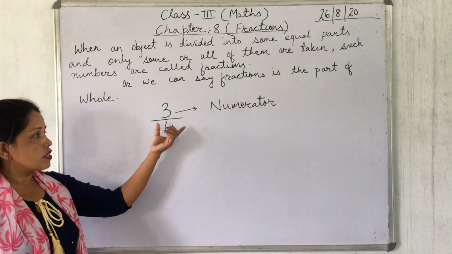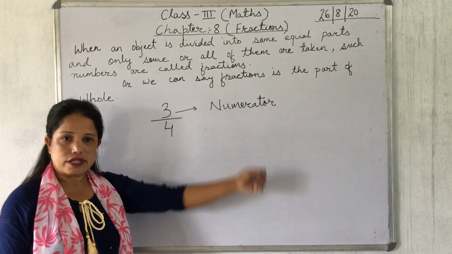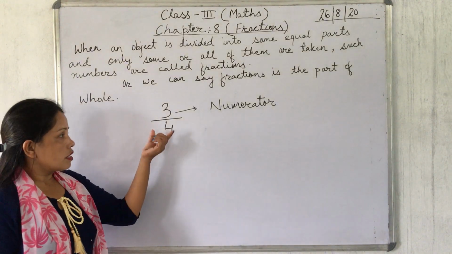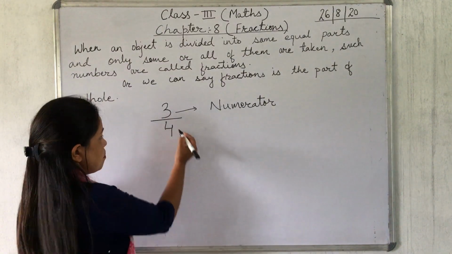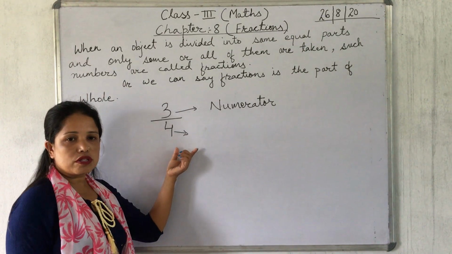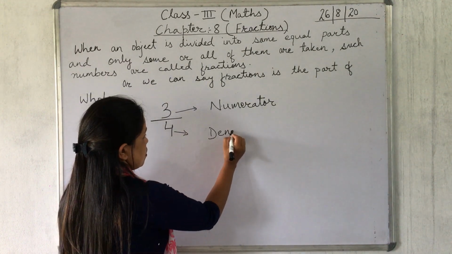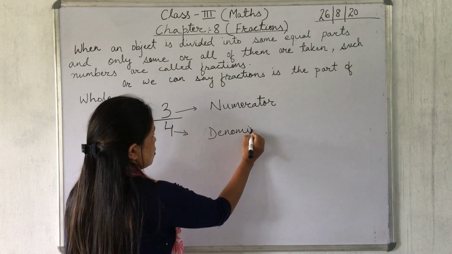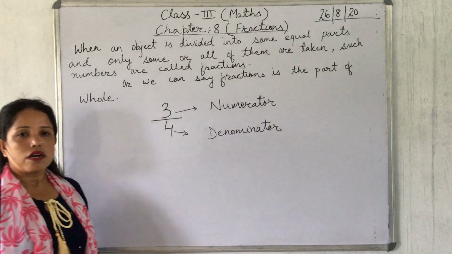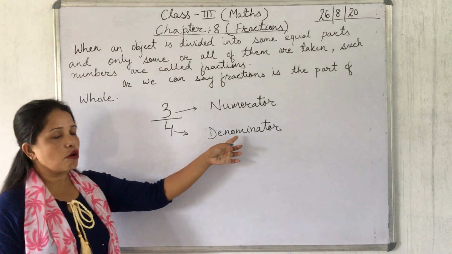The number which is above the line is called the numerator. So children, the denominator: the number which is below the line is called the denominator.